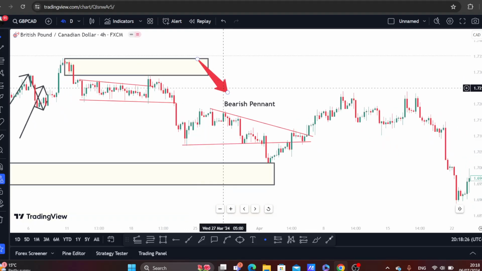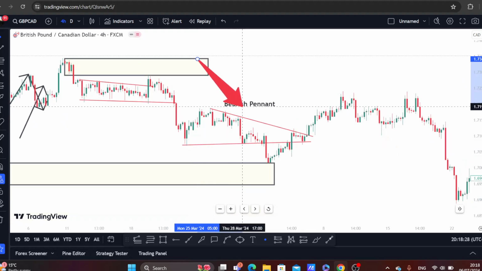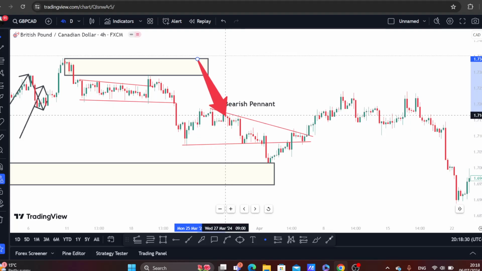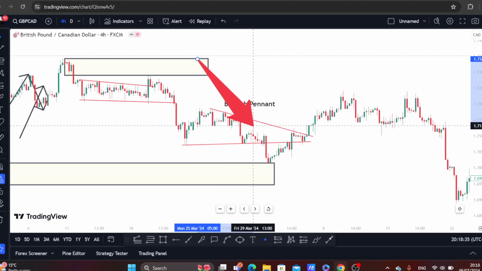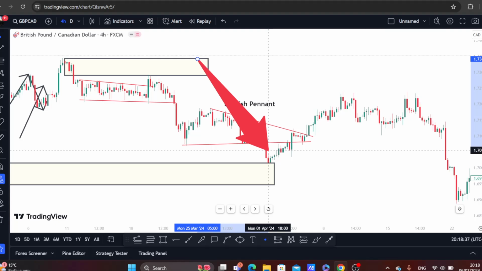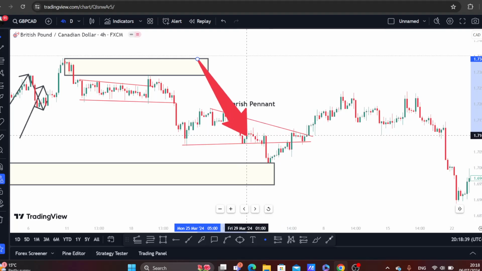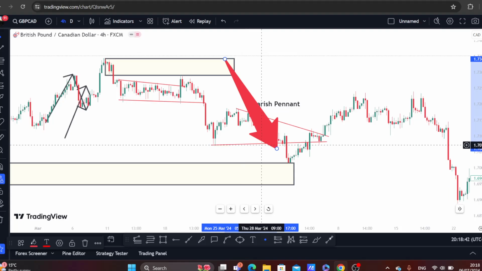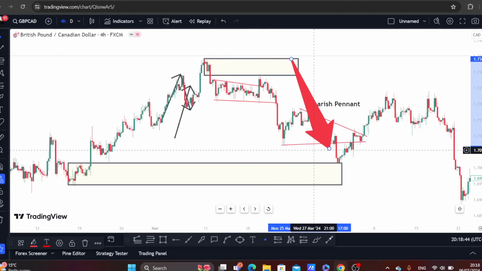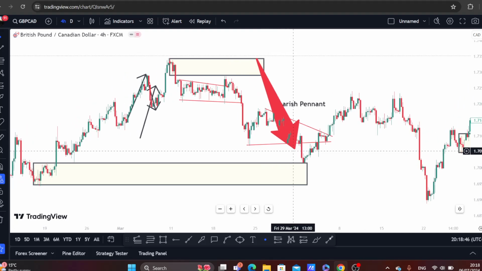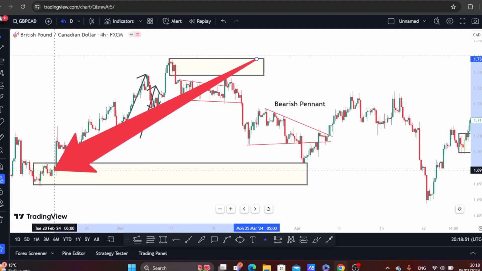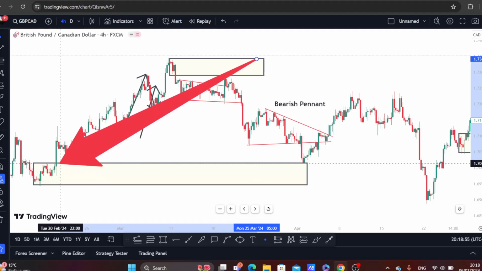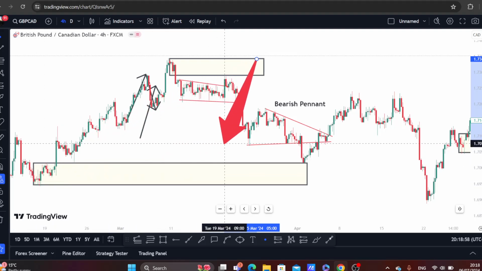The second one is a bearish pennant, which is a continuation pattern of this short move here. What happened was we also had a breakout of the pennant pattern, breakout to where? To this demand zone right there. You can see rally, rally base, and a big rally out of the zone.